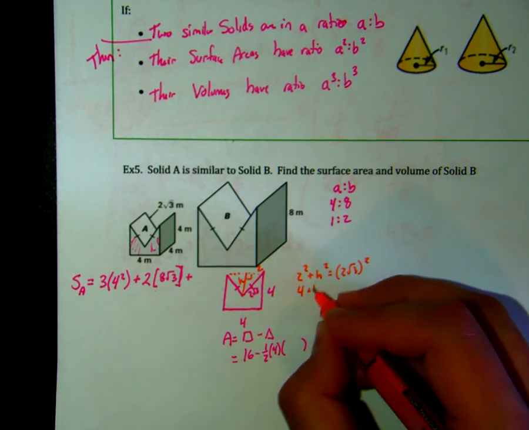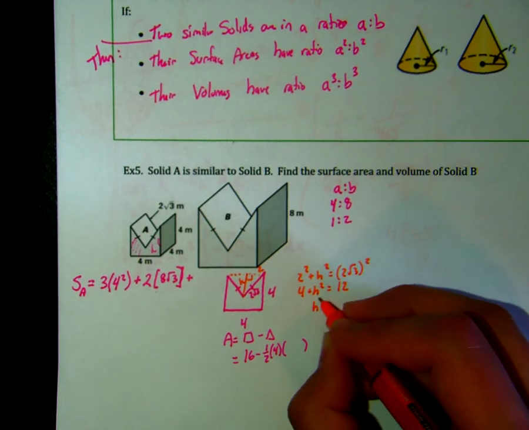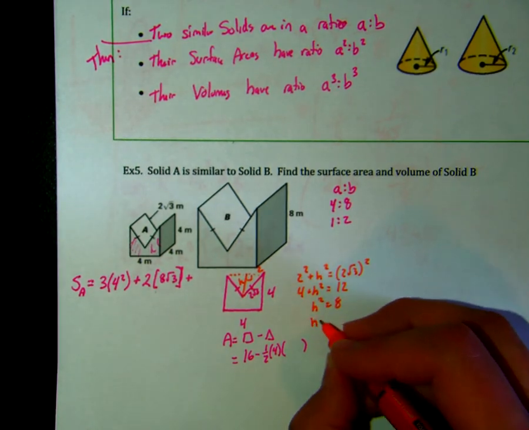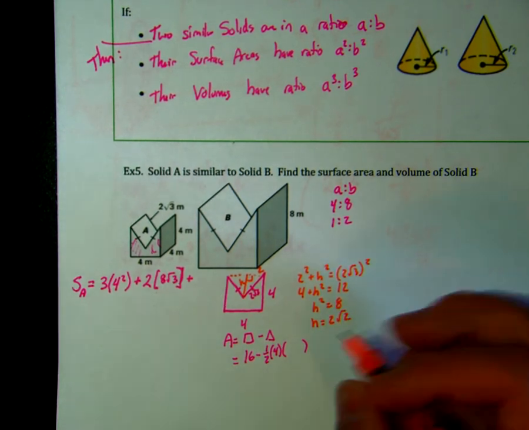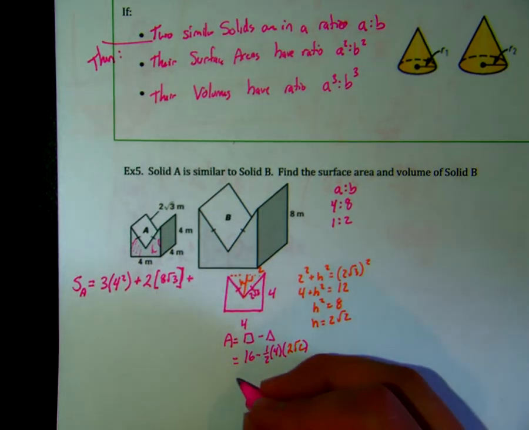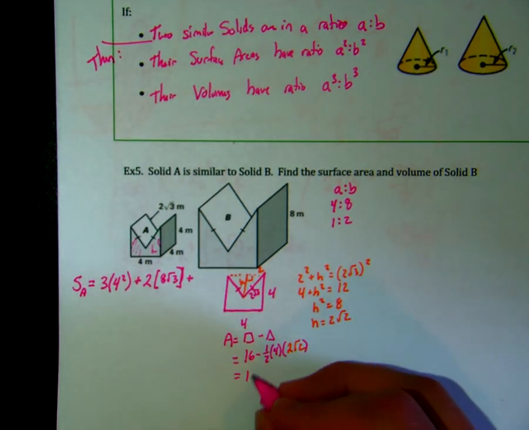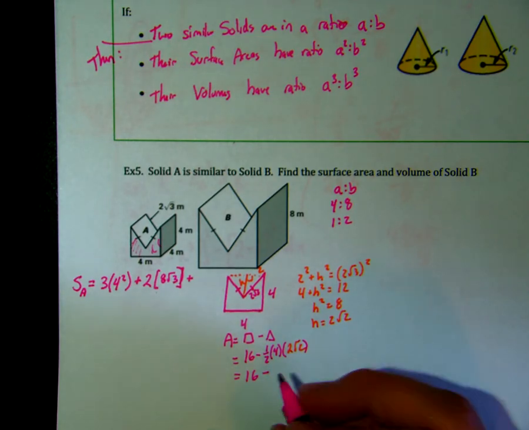So this is 4. This is 12. So we have h squared equals 8. So h is square root of 8, which is 2 root 2. So the area of this little piece here is 16 minus 4 root 2.